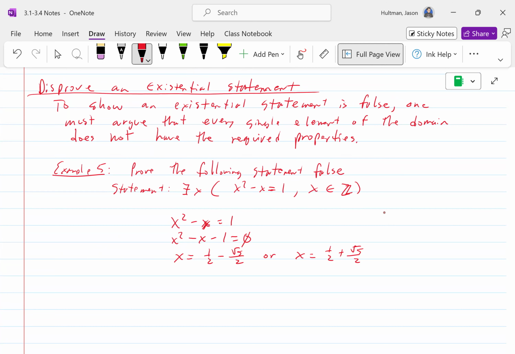Okay, and those are the only two solutions for x, and neither solution is an integer, or anything that looks remotely like an integer.